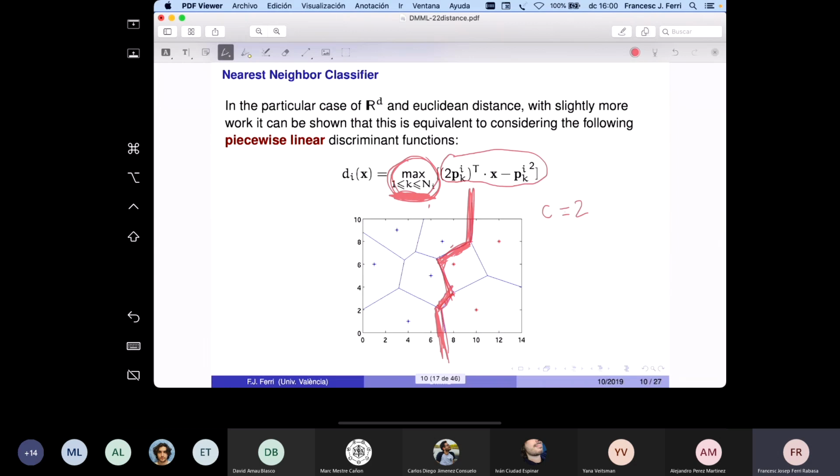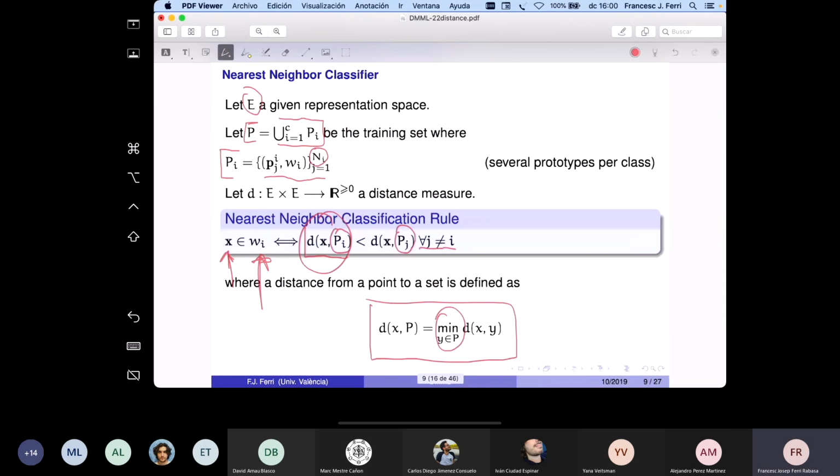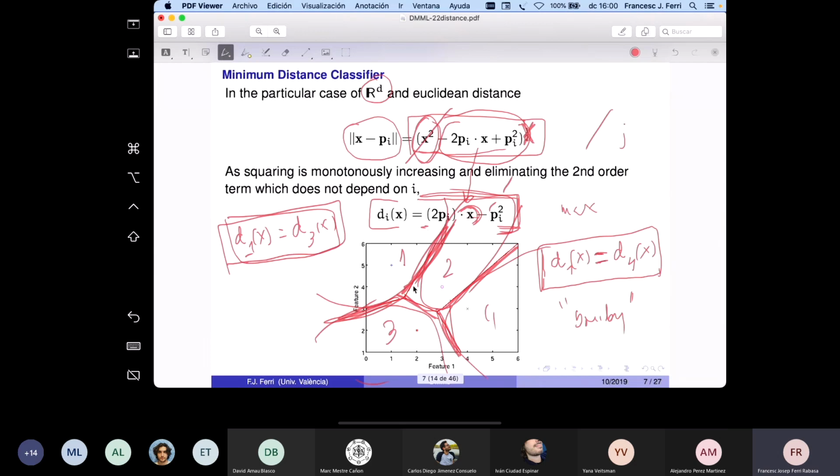And then instead of a linear function, what we have because of this max is a piecewise linear function, as you can see. Piecewise between each two classes. Because this is a piecewise linear function. This one is not a piecewise linear function.